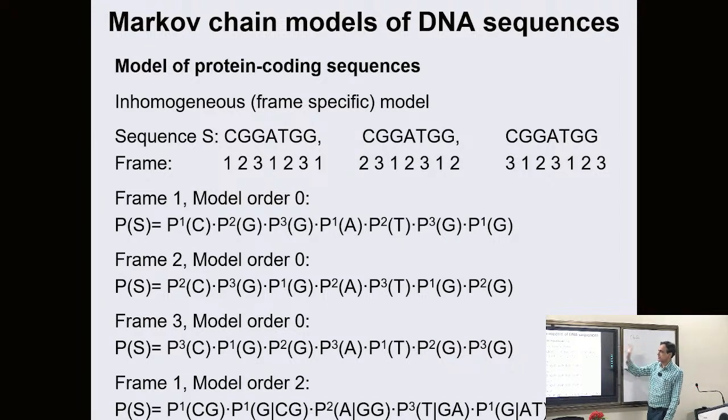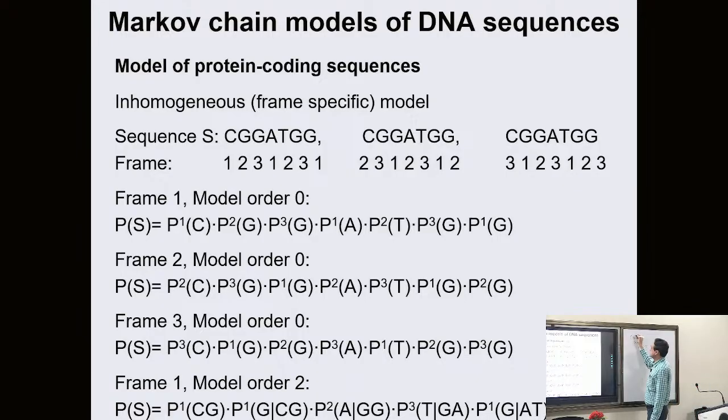We consider the model order 2, so two previous bases and the next base, three nucleotides. CGG, and the next would be GGA, and then the next would be GAT, right, and so on.